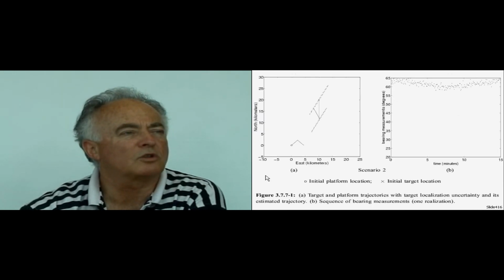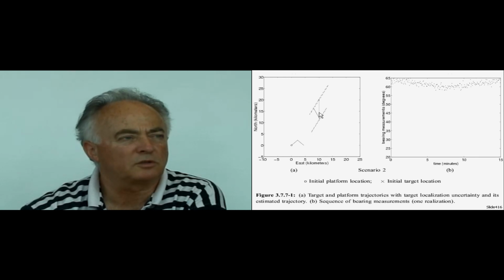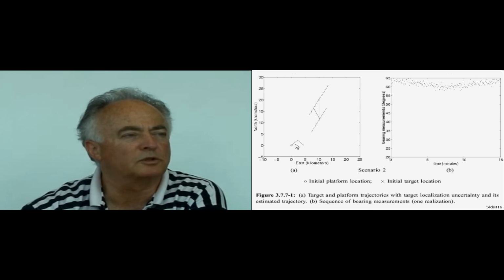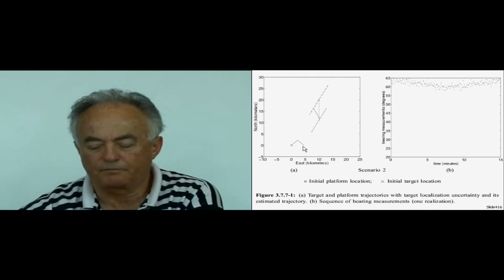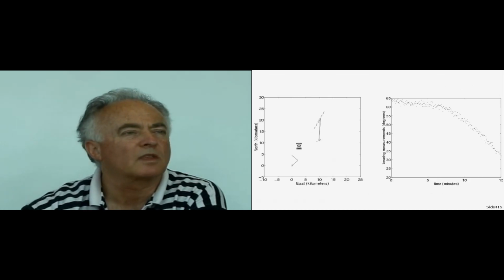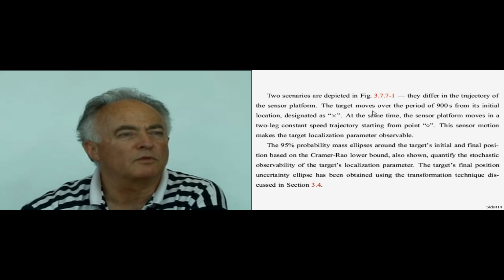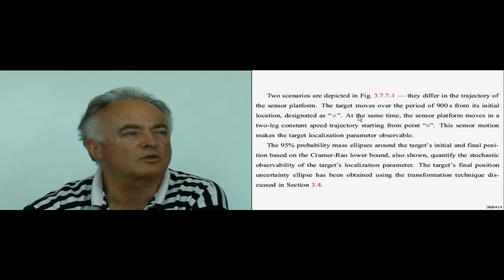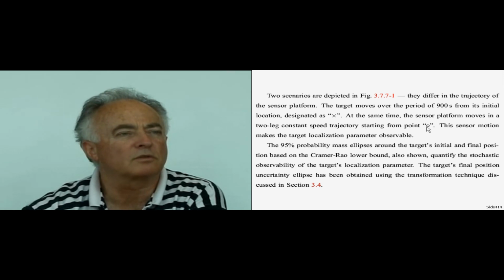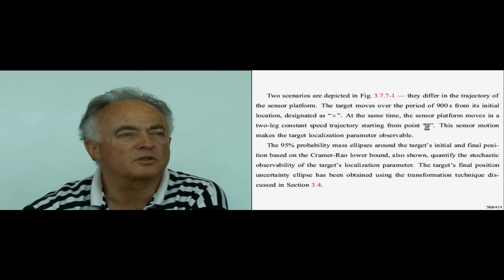Now this is the true trajectory for the object of interest, the target, and this is the motion of the platform, northeast, then southeast. So the target moves over those 15 minutes from the initial location. At the same time, the sensor moves in a two-leg constant speed trajectory: northeast, northwest, and northeast, southeast.